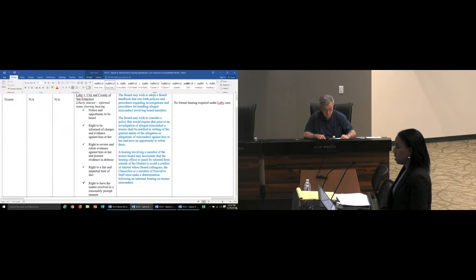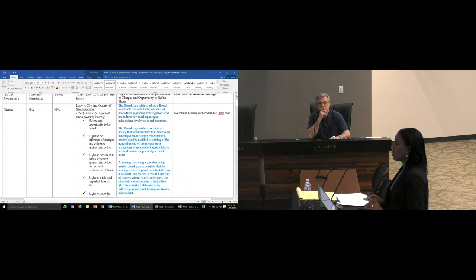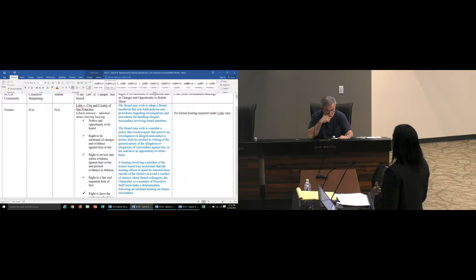So option B, you wouldn't have the hearing process for a trustee, but we also would have to have some sort of policies and procedures regarding investigations and alleged misconduct. Just as Mr. McKissick mentioned, you want to notify somebody of a policy or procedure, you want to have a process before you start out. So if we're going to build on this, we're going to have to put some time in the infrastructure. We're going to have to actually have a process.